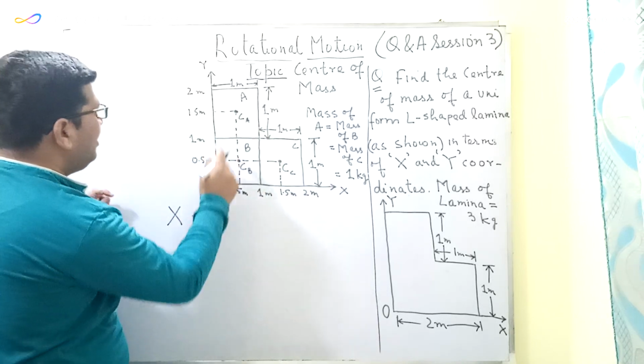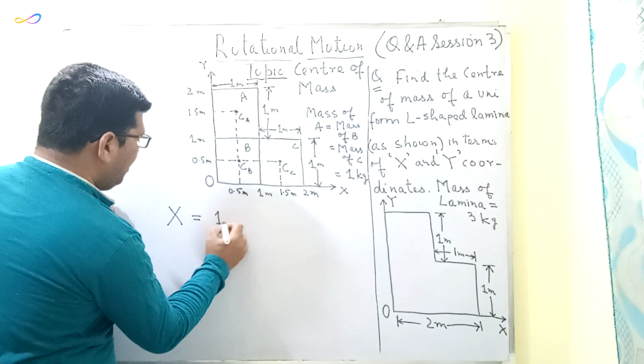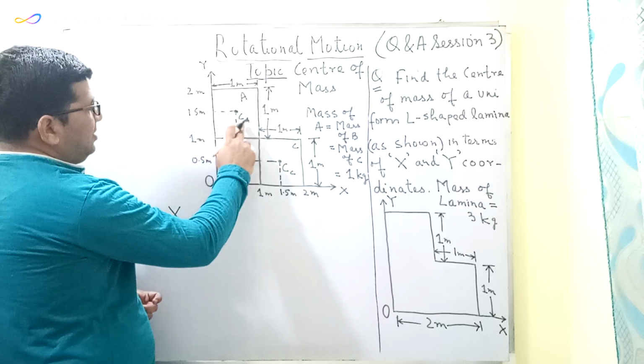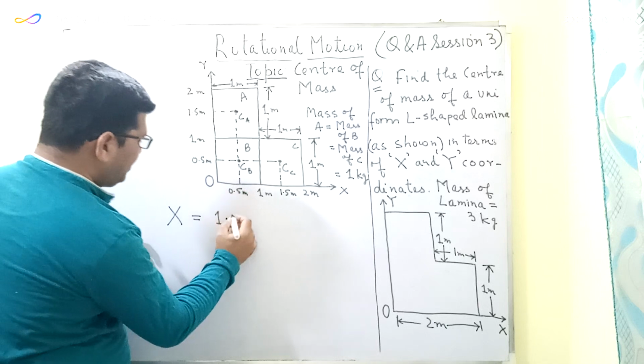So this will be equal to what? Consider this portion A, the mass of this is 1 kg, and along the x-axis the distance of this center point is how much? It is 0.5.